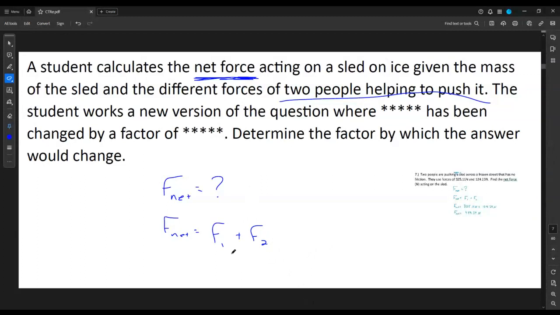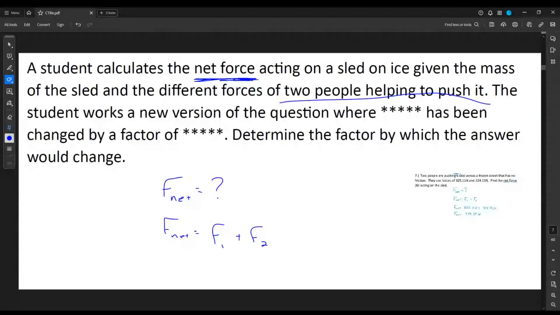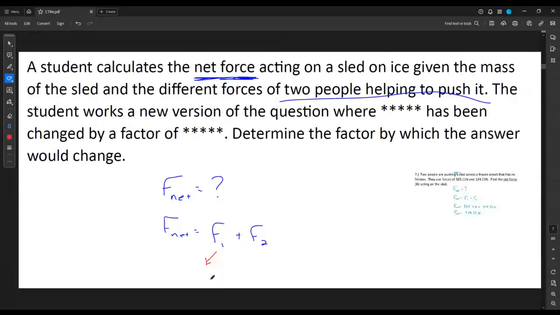Okay, so something we want to think about here: anytime there's addition in the formula and you're trying to see how it's going to change, you've got to be careful. If we were to change just one of these, so let's say that I take the force from one of the people, and since I don't know any names, I can just say the first one as an example, and let's say that I multiply it by some factor.